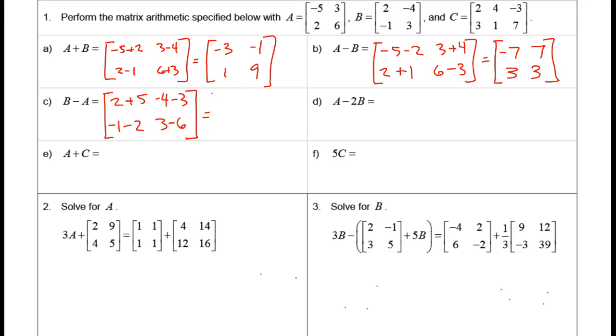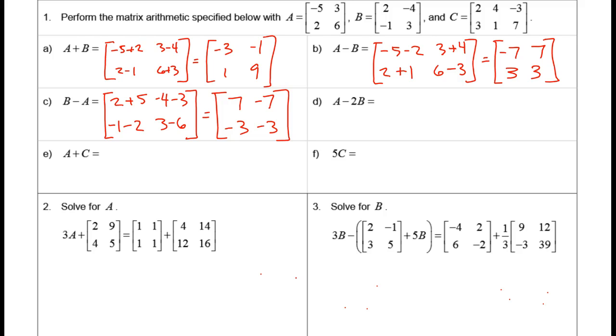And I'm going to get the following matrix. 7, -7, -1 minus 2 is -3, 3 minus 6 is -3. Well, that's kind of interesting. All the numbers look the same as they did up here, but the signs are switched. That shouldn't surprise you too much. When we reverse the order of subtraction, we get the opposite of the previous value.